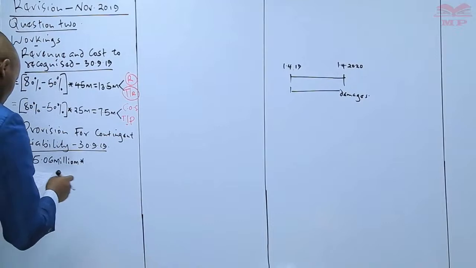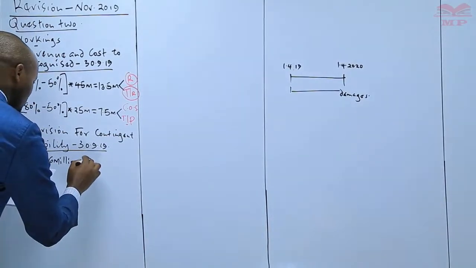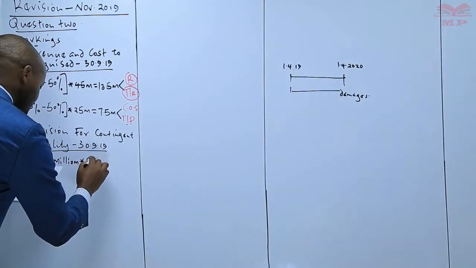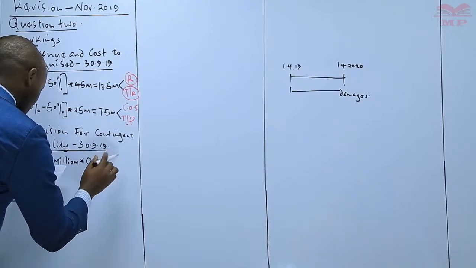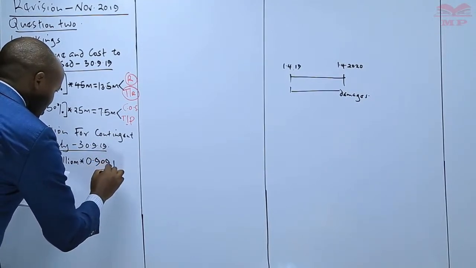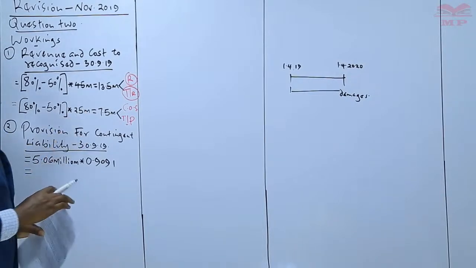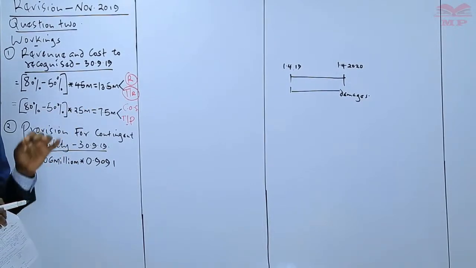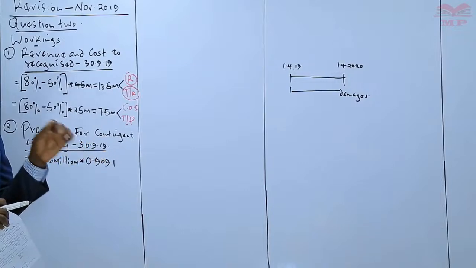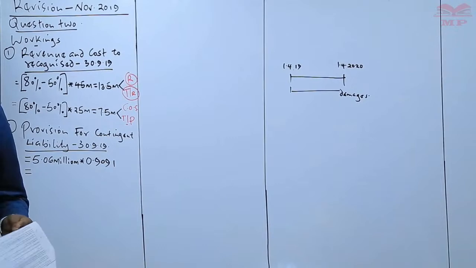So what we need to do is to discount that, and for us to discount that we need to multiply it with the present value interest factor, which is given as 0.9091. So we multiply the two, so we get the present value of the damages which will be paid, and that will be equivalent to the contingent liability. So the company at the end of the current financial year was supposed to make a provision equivalent to that contingent liability.